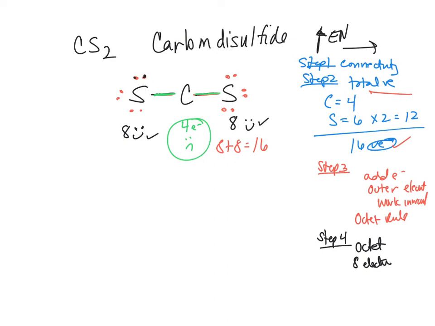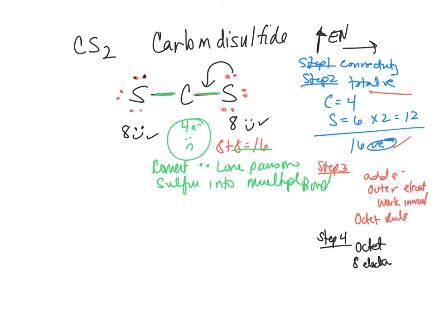So what you need to do is, we can't add more electrons. We can only work with 16. So you need to convert these, what these are called is lone pairs, lone pairs on the sulfur into multiple bonds. Okay, so that means that these 2 electrons can go here, and then we redraw.